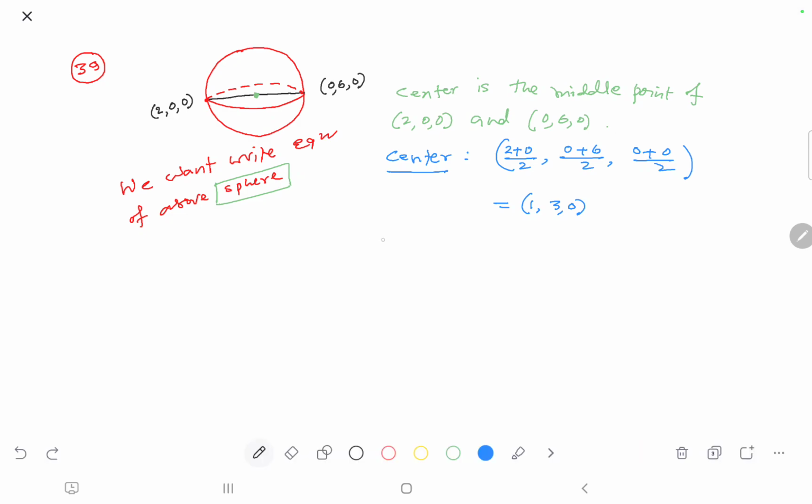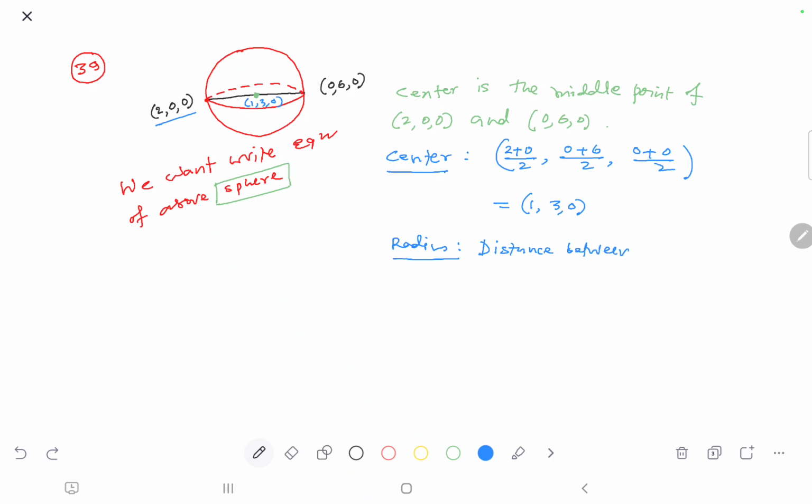Okay. So now what will be the radius? The radius will be the distance between 2 comma 0 comma 0 and 1 comma 3 comma 0, or the distance between 1 comma 3 comma 0 and 0 comma 6 comma 0. Any one you can take.